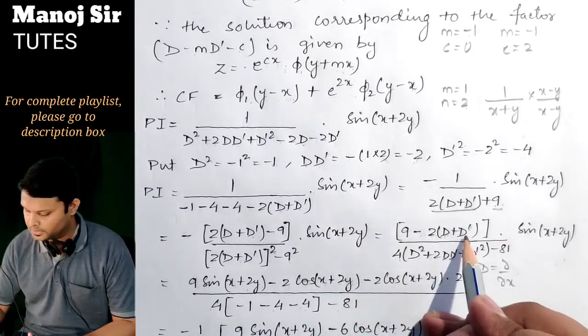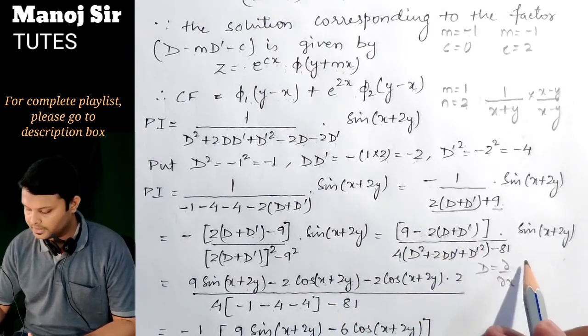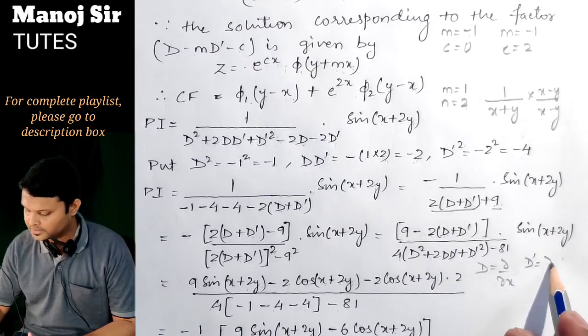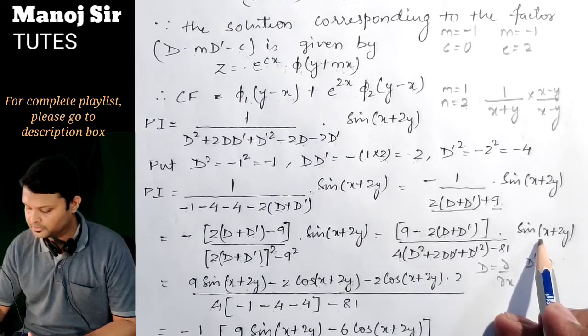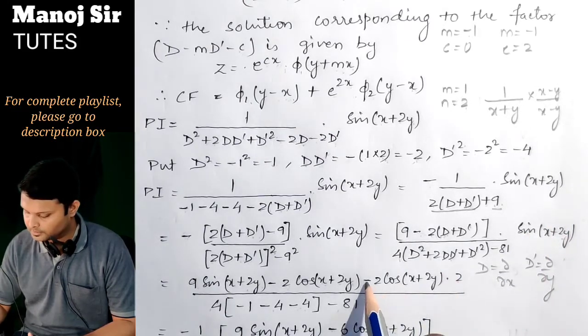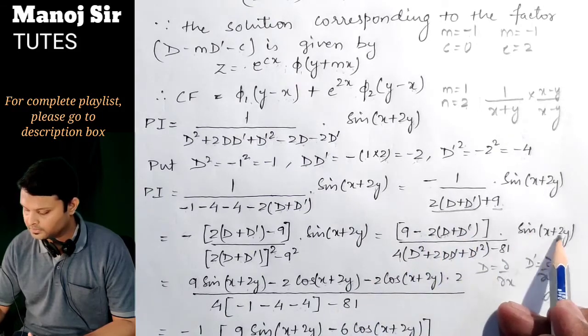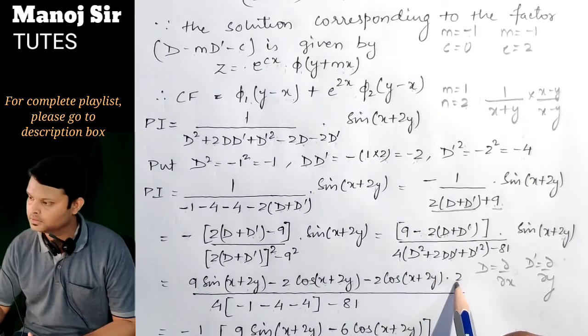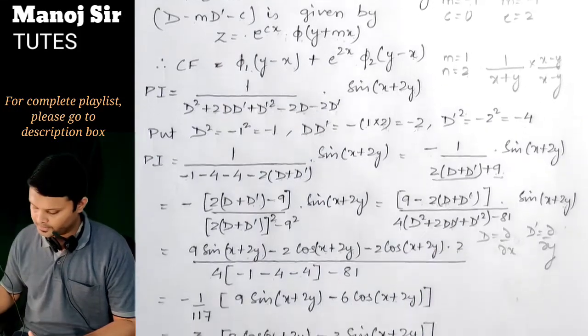Minus 2, now we are operating D dash on sine of x plus 2y. What is D dash? That is del upon del y, it means we are differentiating partially with respect to y. So this is going to be minus 2, D dash of sine of x plus 2y will become cos of x plus 2y, and again the coefficient of y is 2, so simply multiply 2 here. Don't forget to write 2. Now simply solve this.